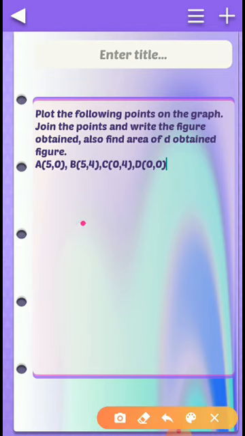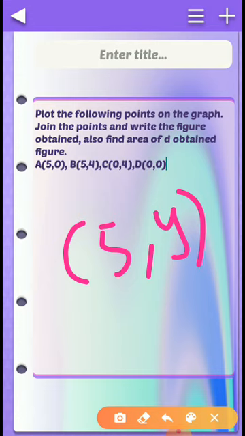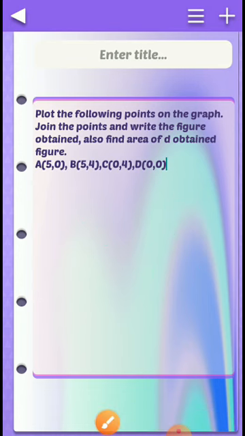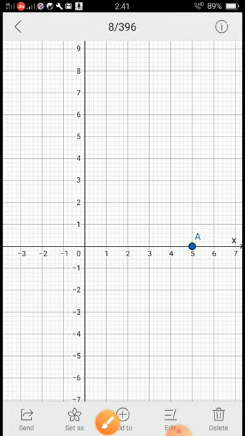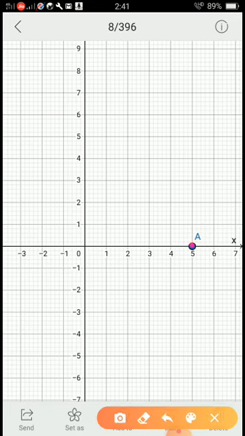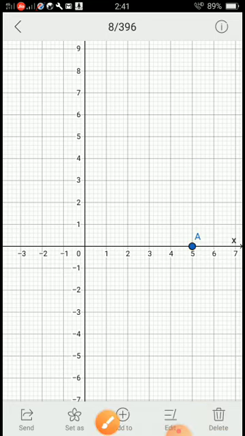Both x coordinate and y coordinate are positive. That means it will be in the first quadrant. So x is 5 and y is 4. That means the point B will be somewhere here. That is where we have plotted the point B. Clear?